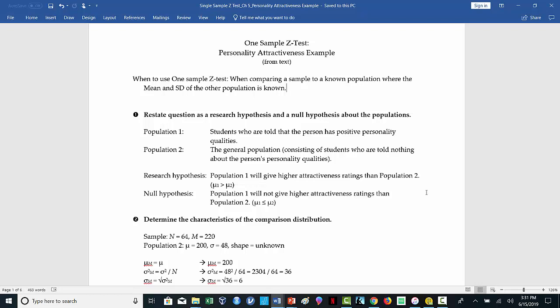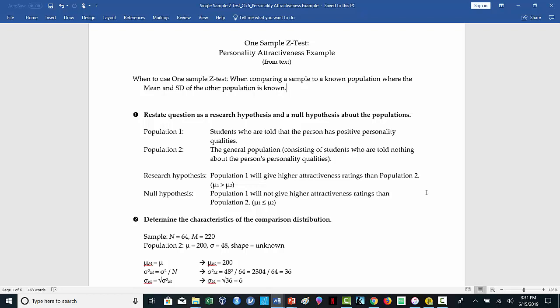The null hypothesis has to cover every other possibility. So null usually means zero, so in your head you should roughly think of it as the no difference hypothesis. But because we have a directional prediction here, we're predicting that population one is going to be higher in their ratings than population two gives. Because of that, the null hypothesis could be no difference, or it could be the opposite.